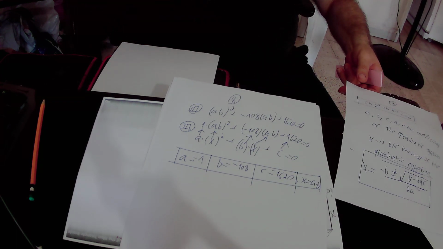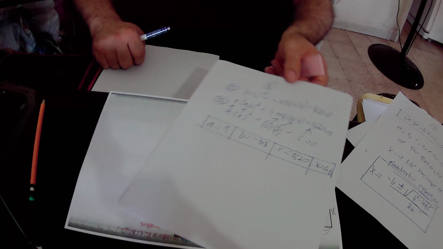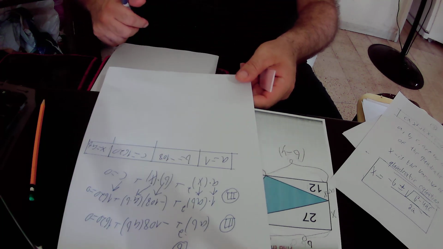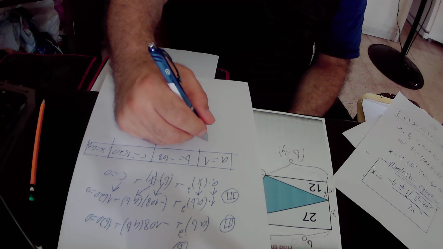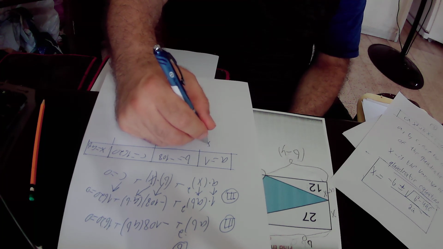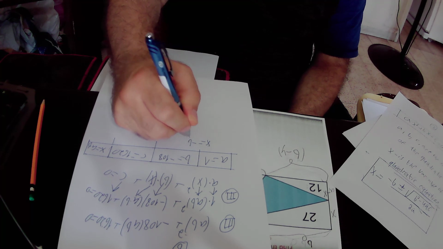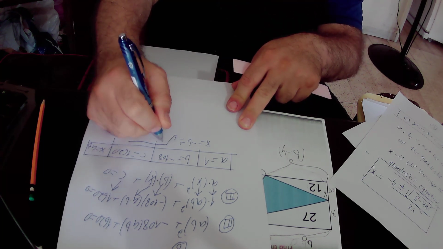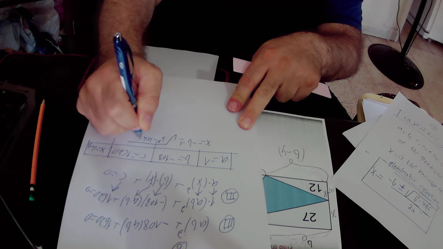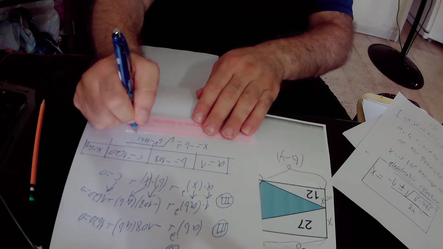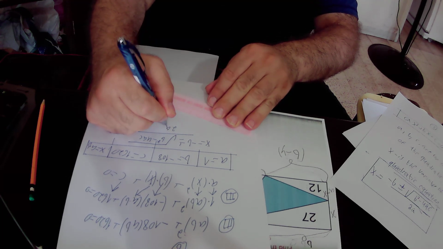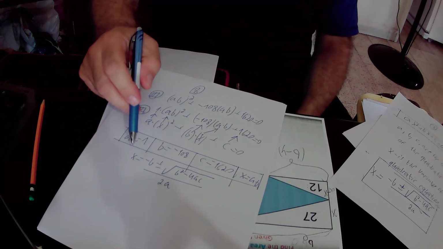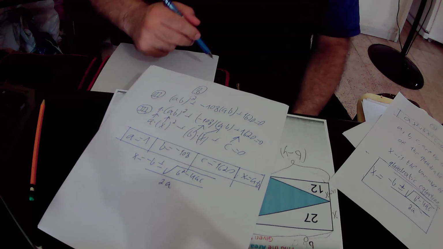So I will copy the equation for x again: x equals minus b plus minus root of b squared minus 4ac, all divided by 2a.